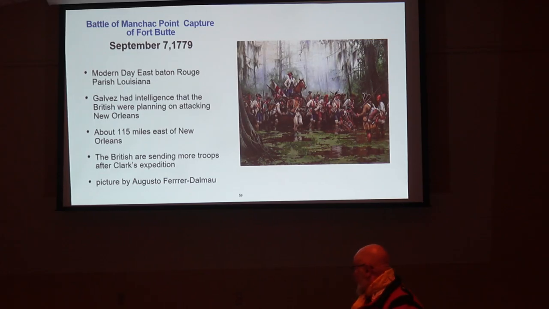He knew how to get things done. And the British were sending more troops there because Clark's expedition had just hit Vincennes in the Illinois and Indiana territory. So the British were very afraid of what was going to happen on the southern end. They hadn't put enough troops in Indiana and the Ohio country and everything else, so the British were on alert.